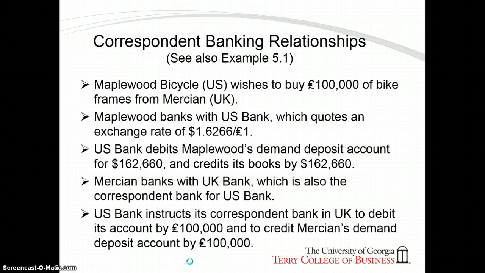US Bank then instructs UK Bank to debit US Bank's account there by 100,000 pounds and to credit Mercian's account by the same amount. Thus, Maplewood's payment to Mercian is facilitated quickly and efficiently without the need for shipment of currency or large transaction costs. For a second example of correspondent banking, see page 116 through 117 in your text.